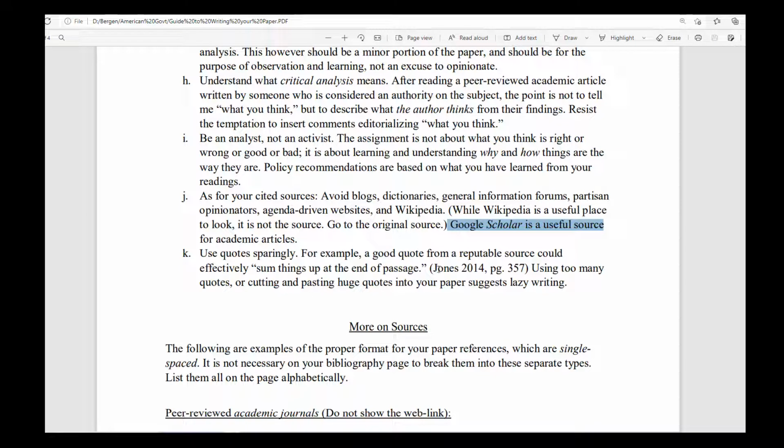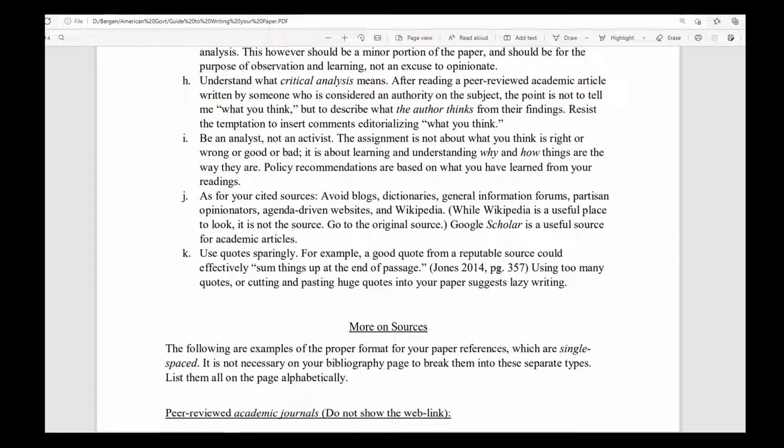The only thing different I would need with the quotes is that you would just add the page number from that source that quote came from. So as before, you would put Jones 2014, but you would just add the page from that source where that quote came from. That's the only difference there. But I do need that at the end of a quote so that we can confirm that did come from a source, then that's going to be a reliable source as well.